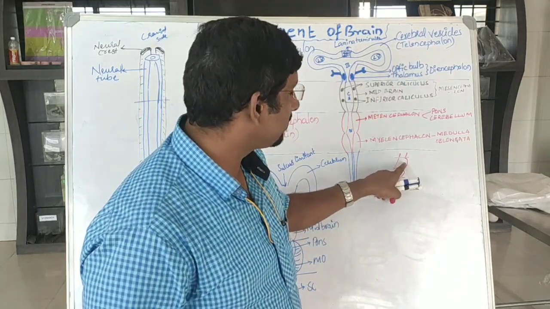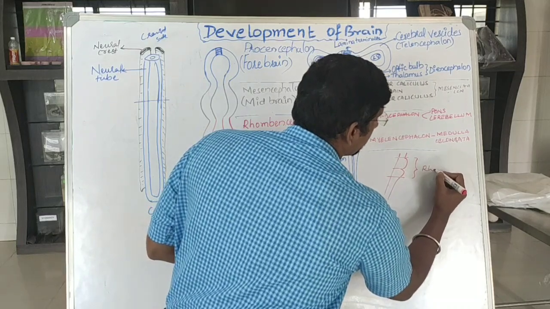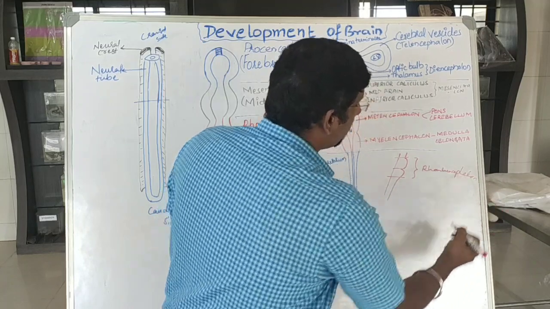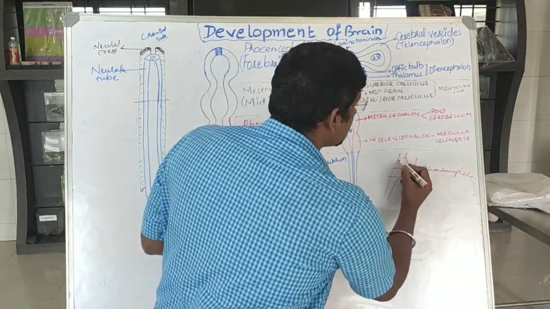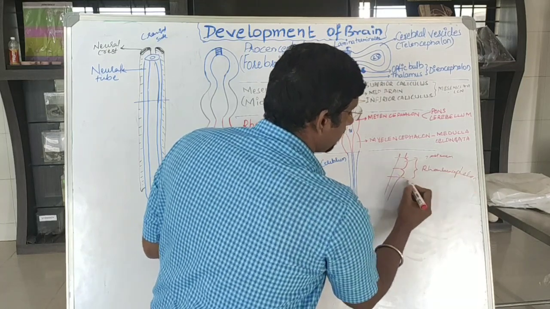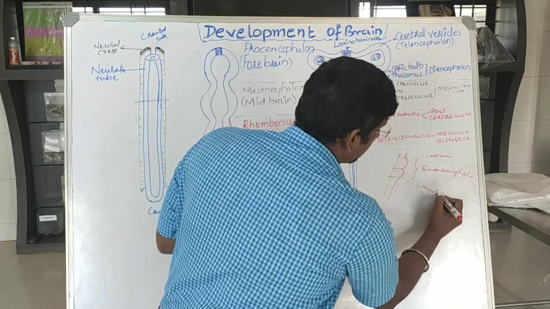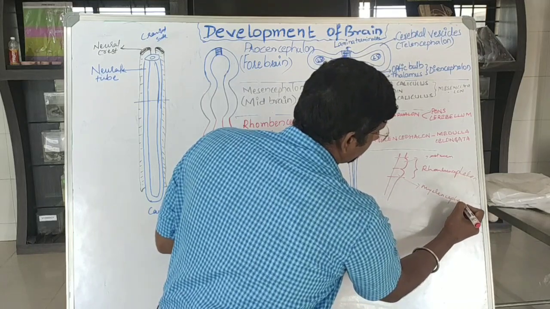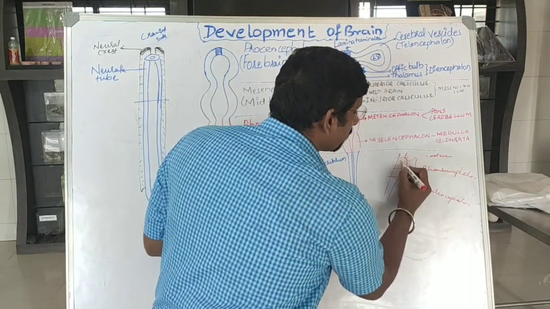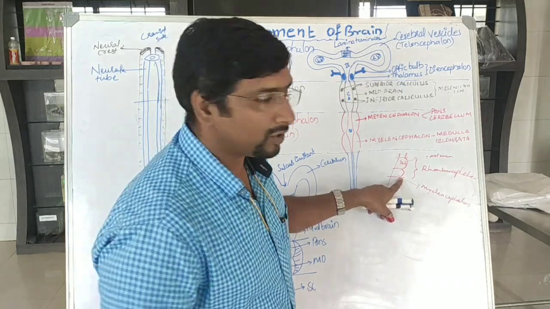Now we will see that this is the rhombencephalon part. This is the metencephalon, and this is the myelencephalon. From the metencephalon, the pons is going to form. From the myelencephalon, the medulla oblongata is going to form.